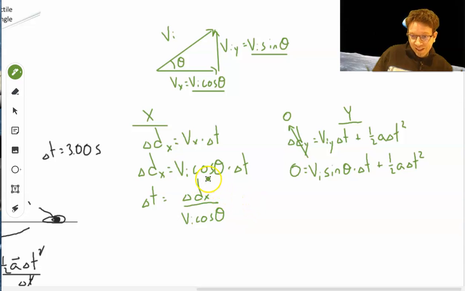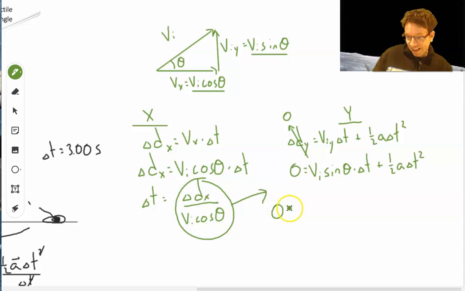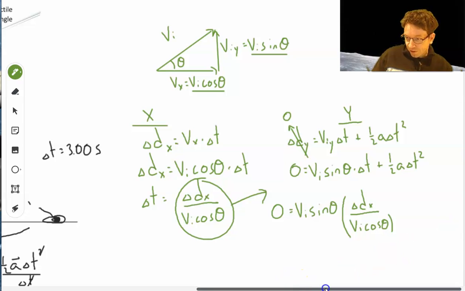And then I'm going to substitute this value in for the time in this equation. So, serious algebra going on here. This is going to give us vi sine theta times this. I'm going to run out of room.